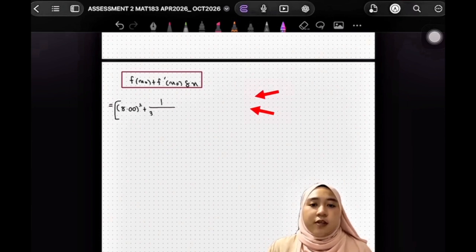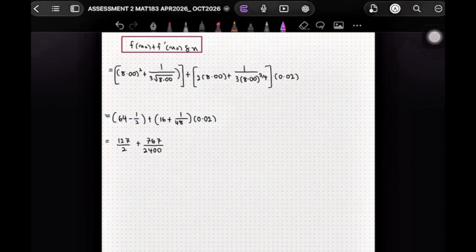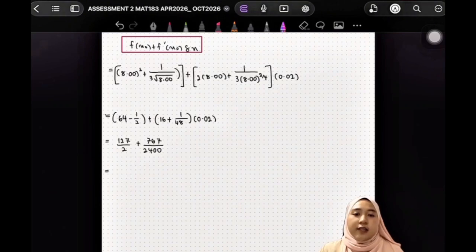The x we replace with the chosen value, which is 8.00. The next step, we calculate and get the answer, which is 63.82.